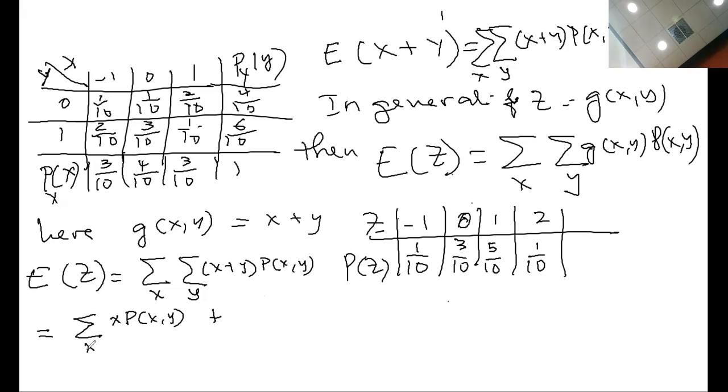So if I'm starting with 0, then 0 represents y. And then I'm using x. The sum is on x plus the sum of x times p of x, y. Then I will do the 1 of 0 with x.